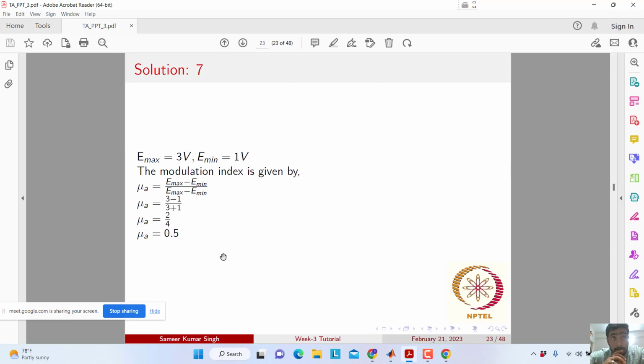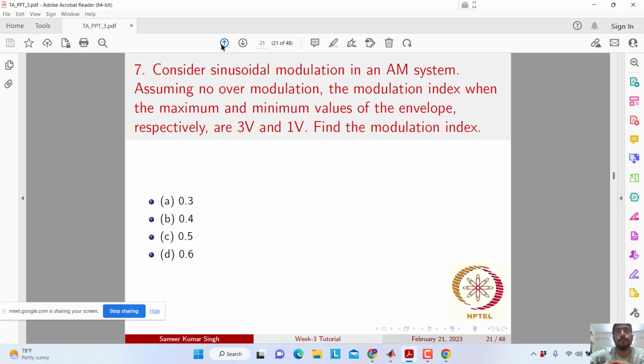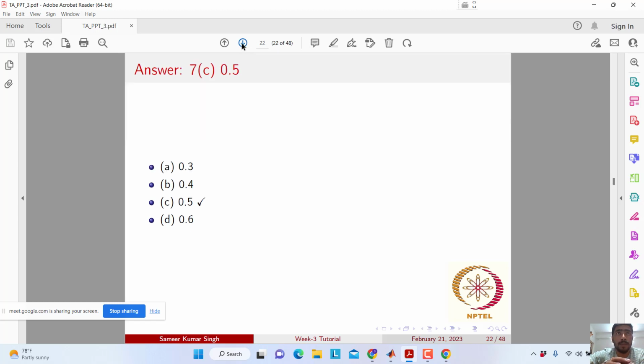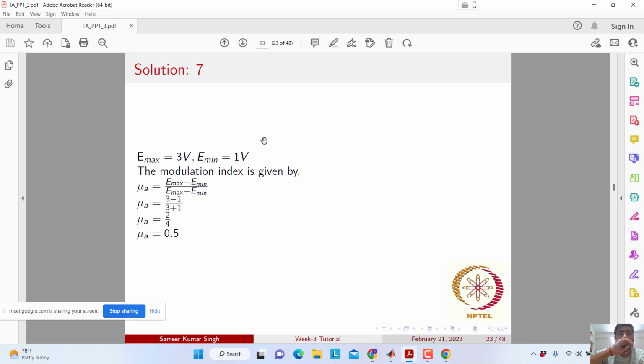Okay, I will try. Actually, when we are doing the demodulation, there we are talking about no over modulation, so we are trying to avoid the over modulation.